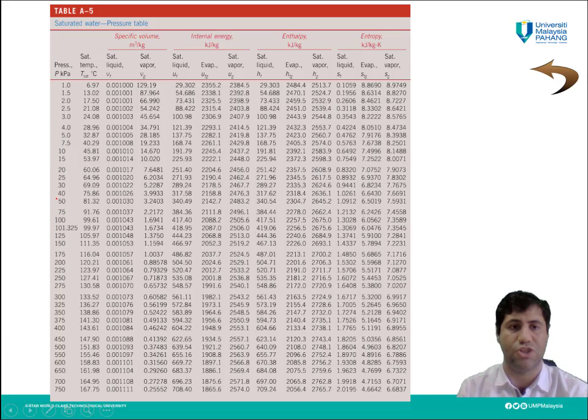In this saturated water pressure table, the first column is the pressure, so let's find 500 kilopascal.